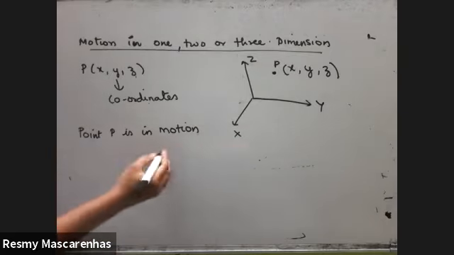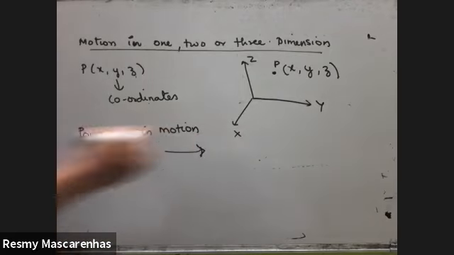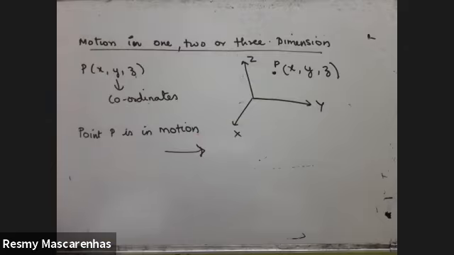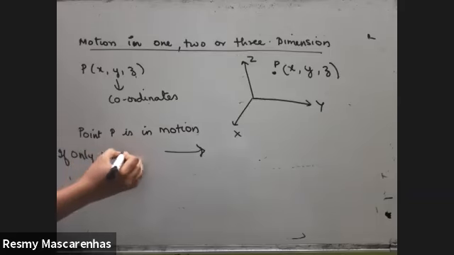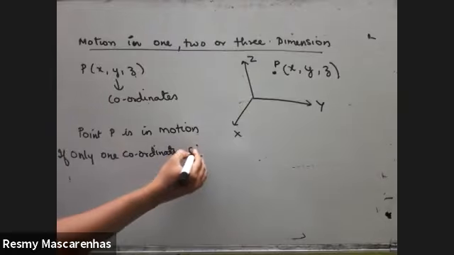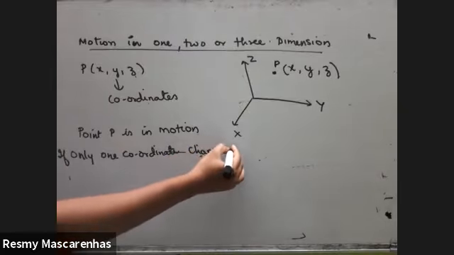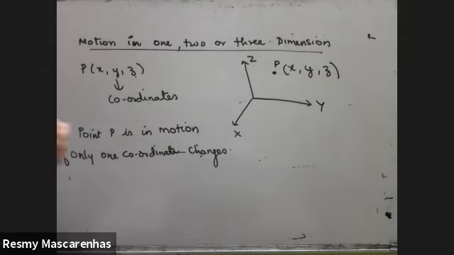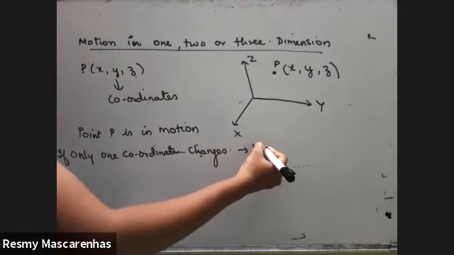So this is called one dimension, just a plain straight line. So if only one coordinate changes, then it is called one dimension.